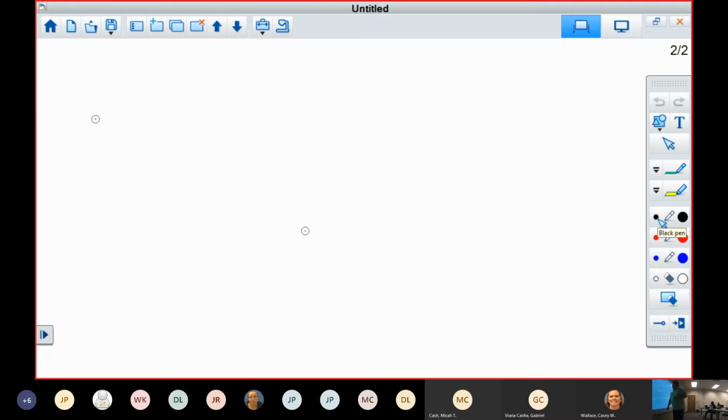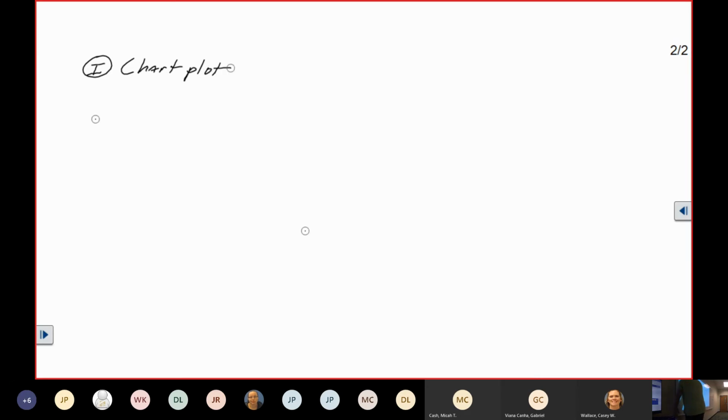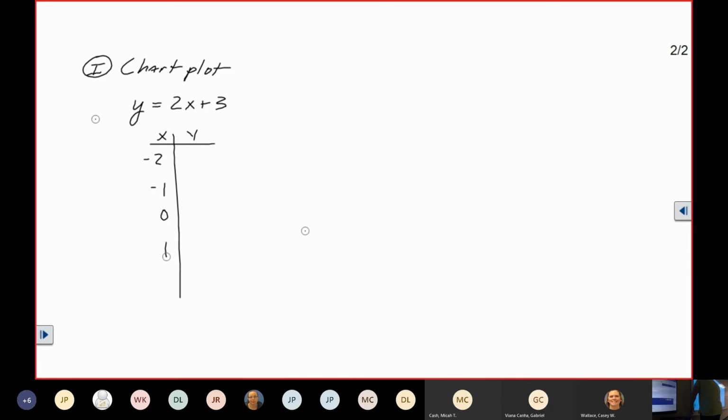All right, so with graphing, you got three types of graphing. Method one, this is a chart plot. Chart plot method, you solve for y. y is equal to 2x plus 3. And you pick -2, -1, 0, 1, and 2.